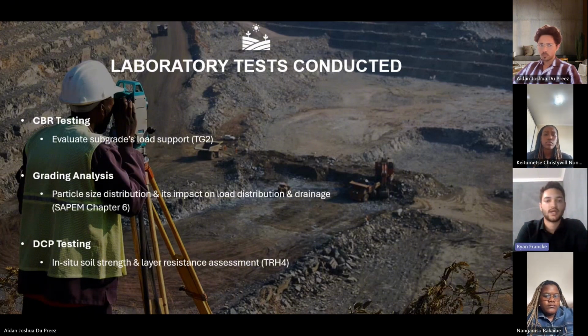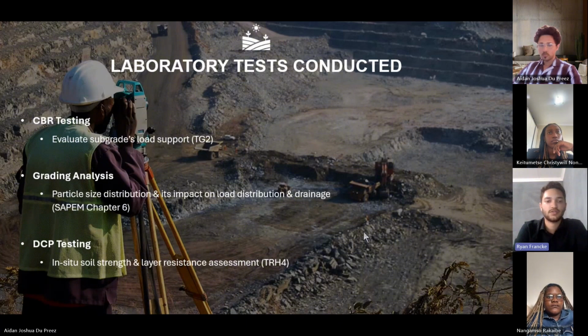This test involves applying a standard load to a soil sample and measuring its penetration. The CBR value is then calculated by comparing the soil's resistance to that of a standard material, usually crushed rock. Higher CBR values indicate stronger subgrade materials capable of supporting heavier loads without excessive deformation.